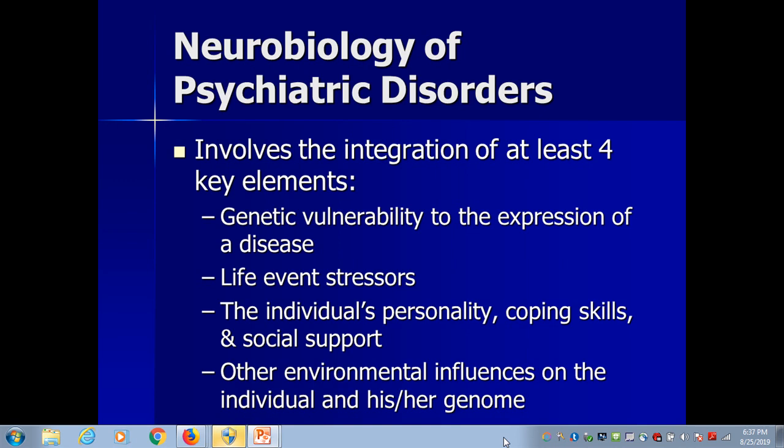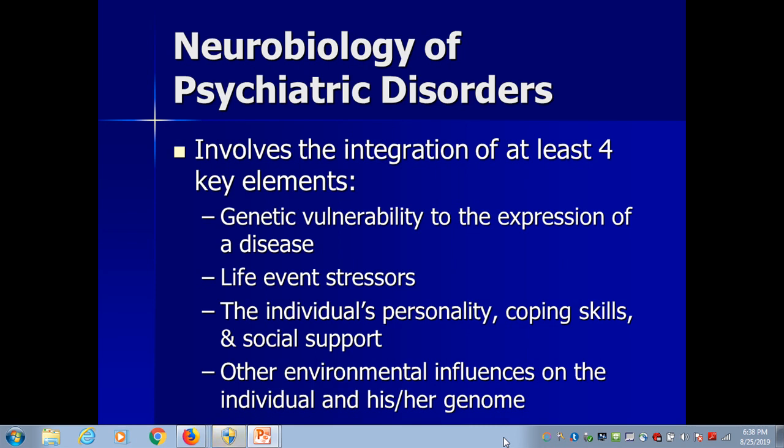And then the last contributing factor could be influences on our genes. So, for example, with schizophrenia, there's a lot of research that says yes, we inherit the genetic vulnerability, but also viruses could play a role in developing schizophrenia. And we'll certainly talk about that more when we get to schizophrenia.